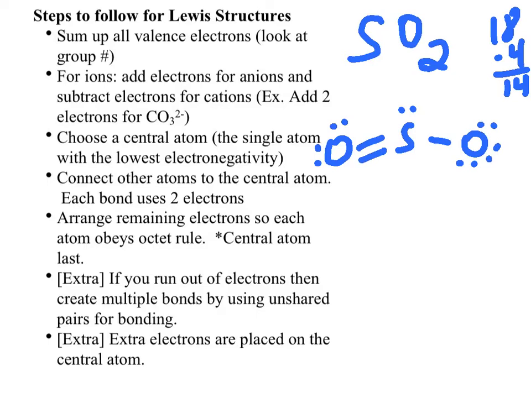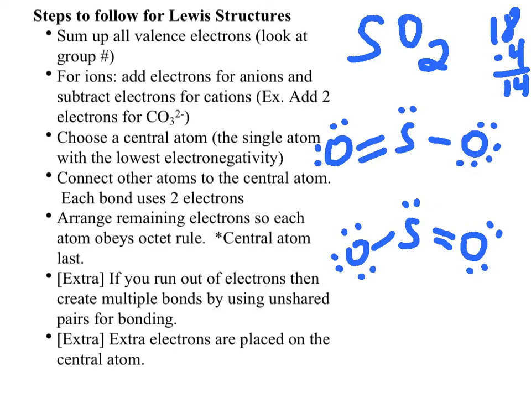Now you may be looking at this and thinking to yourself, seems like I could have also done that on the right hand side and had the double bond on the right hand side. In other words, you might have a structure that ended up looking like this. So, which one of these 2 structures is the correct structure?